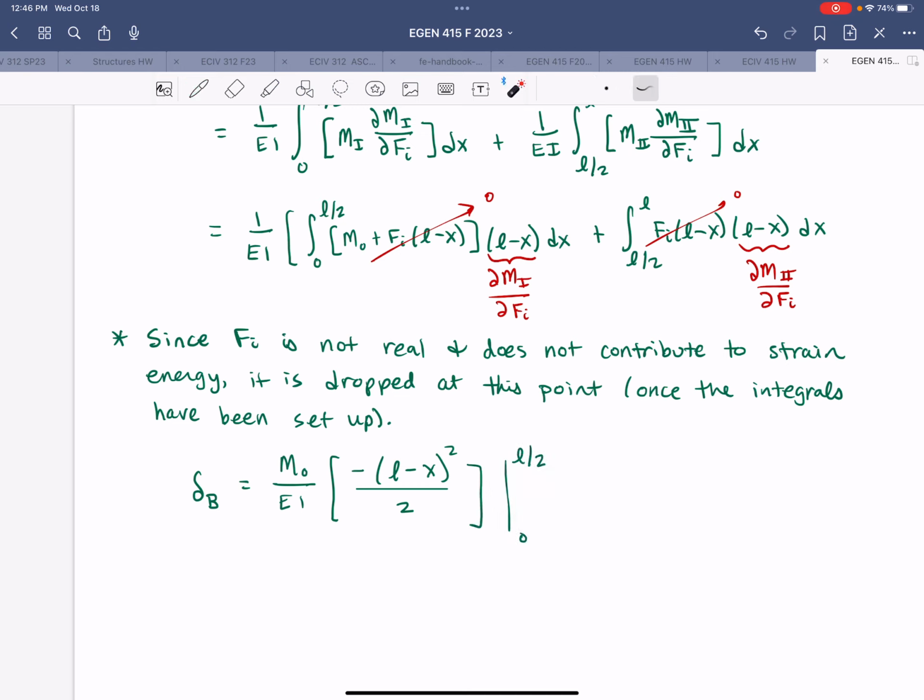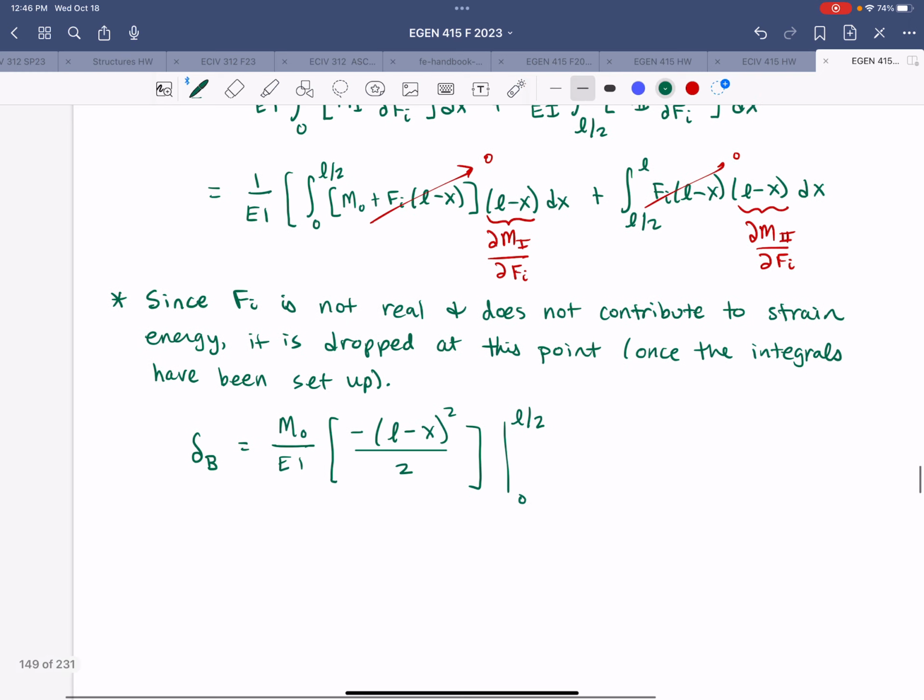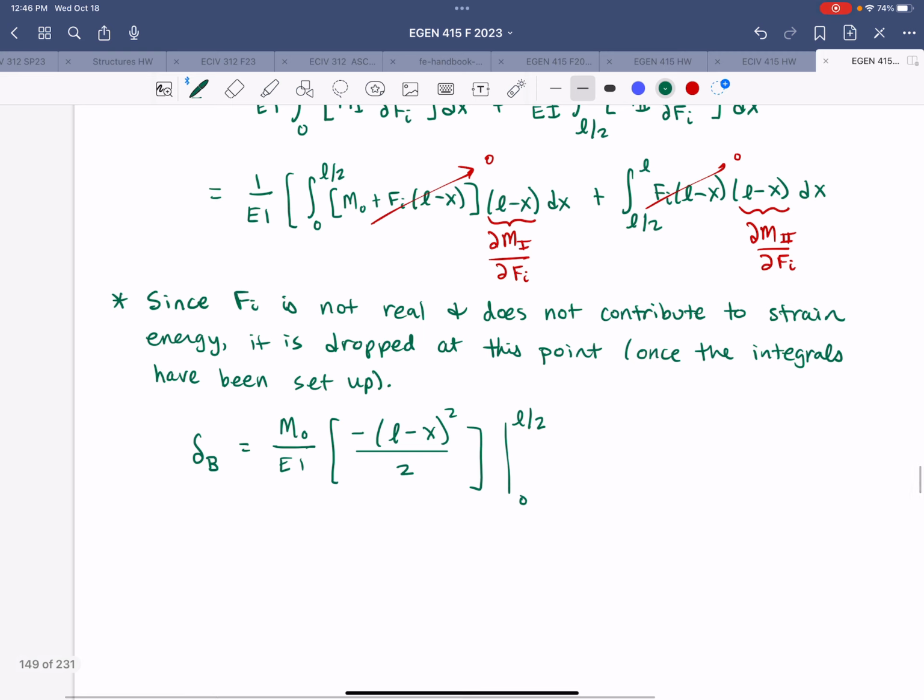All right, so the region 2 integral doesn't amount to anything, since this term becomes 0. So this evaluation gives us 3 over 8 times m naught L squared over EI.